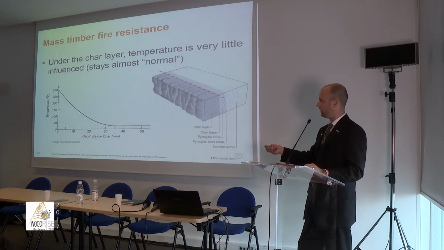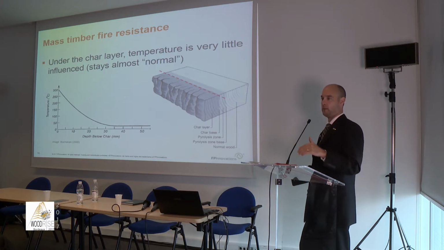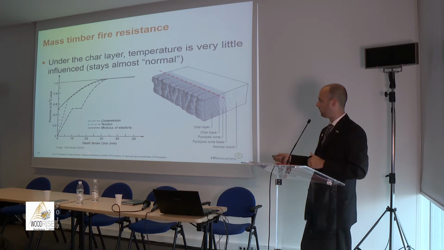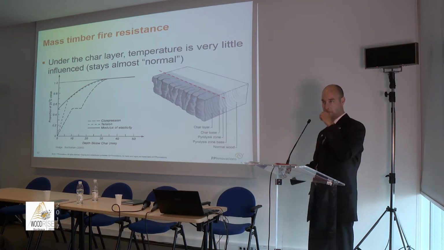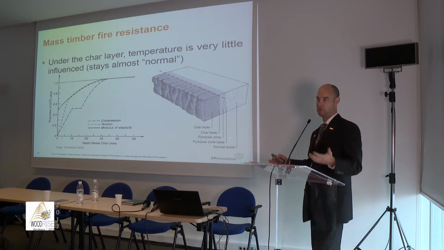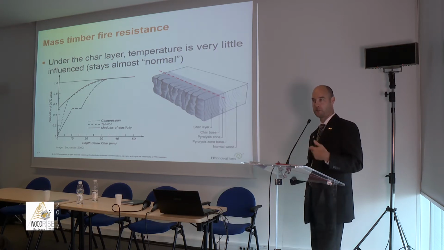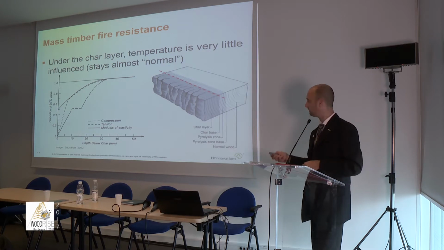And you see that there's a really steep temperature gradient going inside the wood. So above 30 to 35 millimeters, essentially you're going back to full strength, 100% of your initial capacity. Wood is a natural product, so when it's exposed to some sort of threat, it reacts, it chars, and then it protects itself underneath from fire.